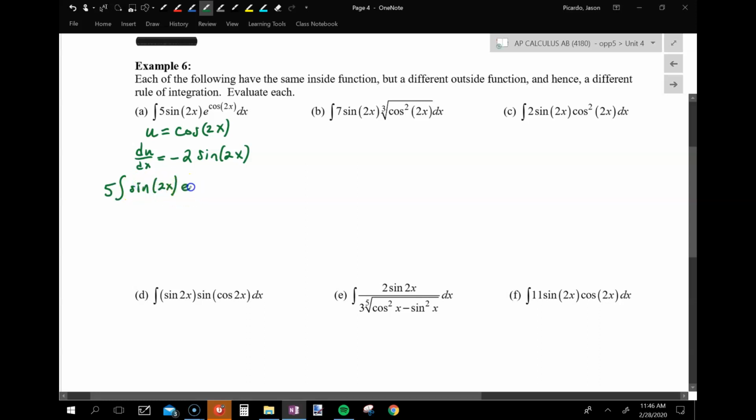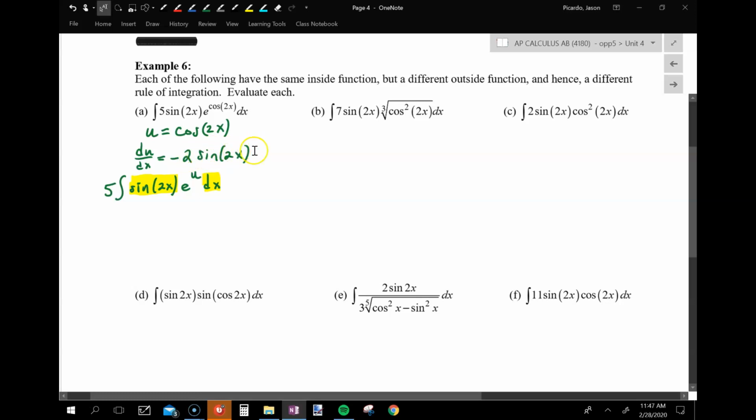And then I have e to the u dx. So what am I looking to do? I'm looking to find the substitution for this with this, right? This is close. What's the only issue that I got? The negative 2, right? So what am I going to do? I'm going to move the dx over, and then I'm going to divide by negative 2, right?